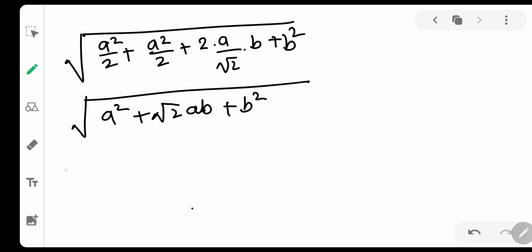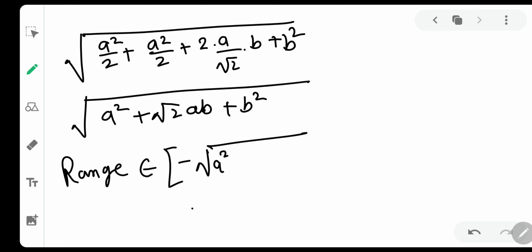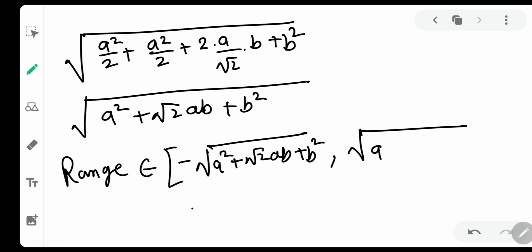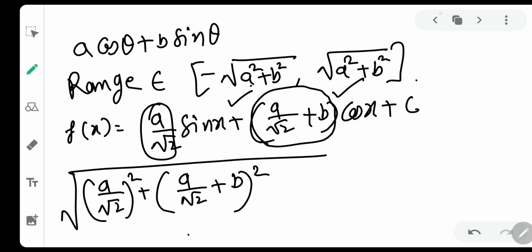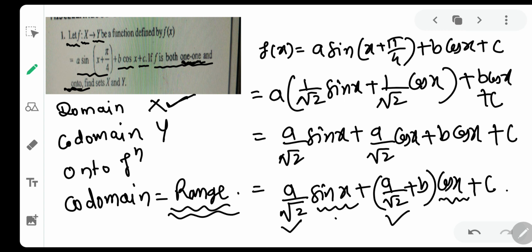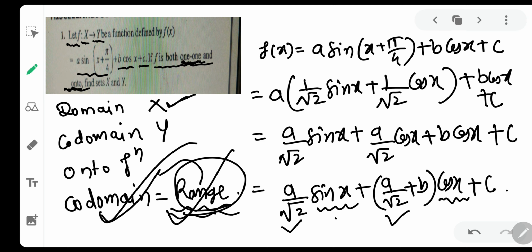Very good. So the range of the function given to us is actually equal to minus under root a square plus root 2ab plus b square, comma under root a square plus root 2ab plus b square. Now in our particular question it was given as onto function, therefore codomain and range are same, so we calculated the range and we know the codomain now because range is equal to codomain, so codomain was y.